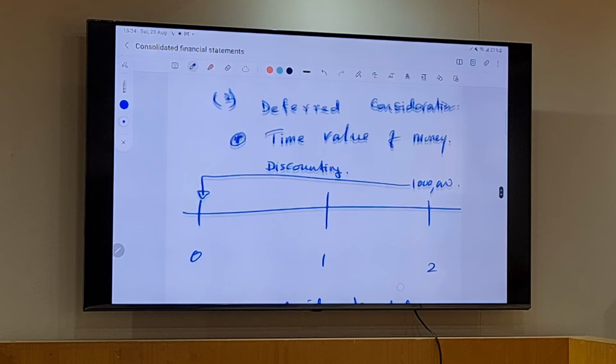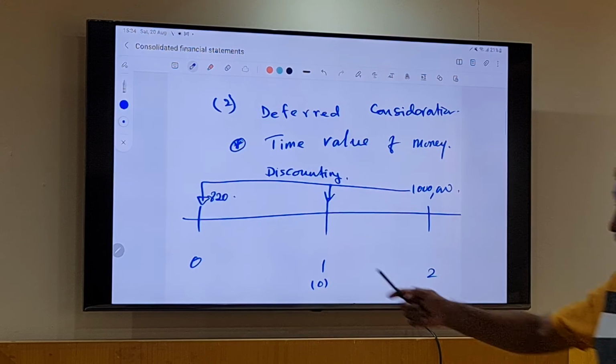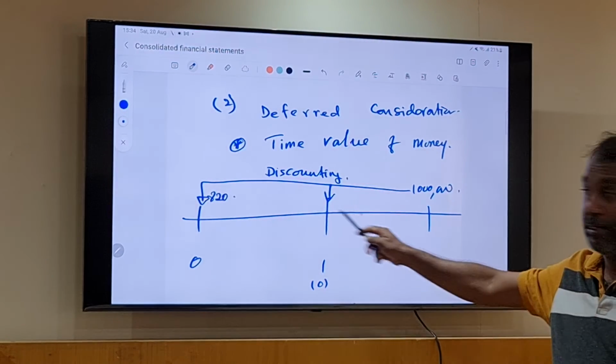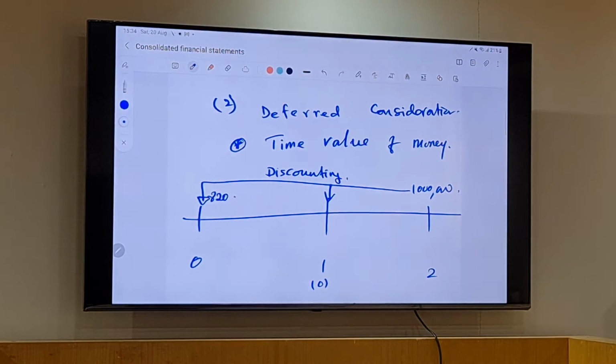Now let's say 1 million in today's terms, just for the sake of example, is 820. Now if it is only 1 year, this will become, let's say, 935. The reduction is little bit bigger than this, no?